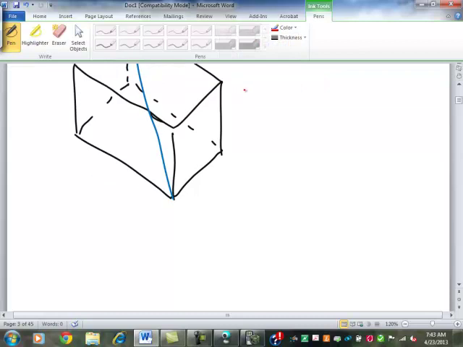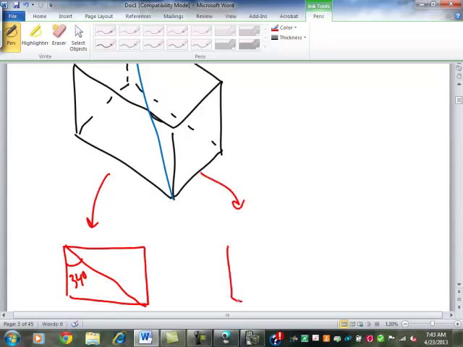and if I look at the projection from this side, it looks like this, and this angle is 34 degrees. Look at the projection from this side, it looks like this, and this angle here is 18 degrees.